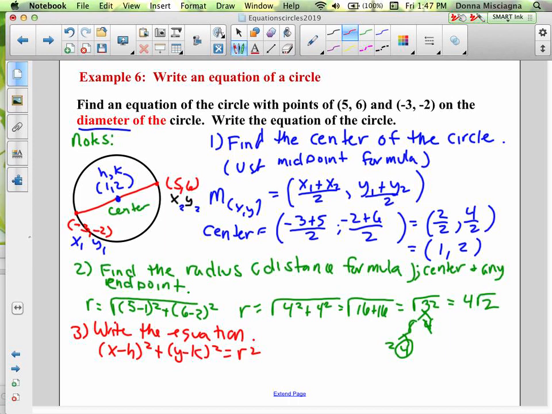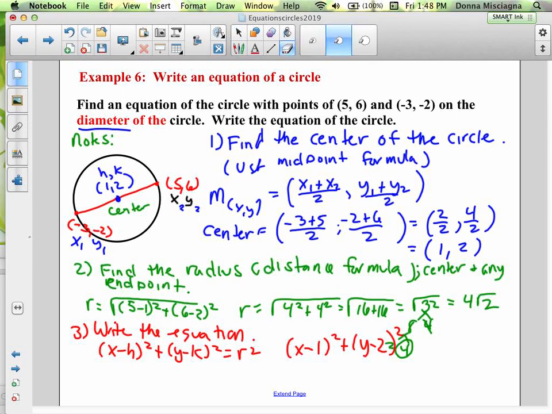All right, so someone's going to help me out here. And that's going to be red 4. Right, so what's the equation going to be? X minus 1 squared plus y minus 2 squared.